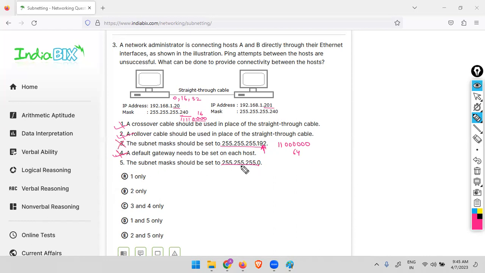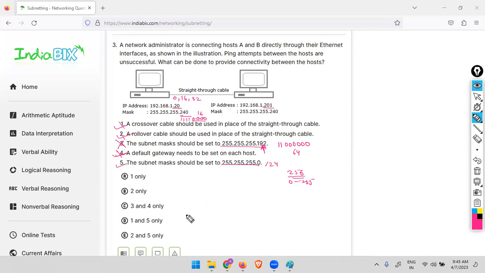Then the subnet mask should be 255.255.255.0, /24. That means 256 addresses in one network, 0 till 255. Then they will communicate because they will be in the same network. If you change the subnet mask to this, both will change into /24 and they will communicate. So option 5 is correct.